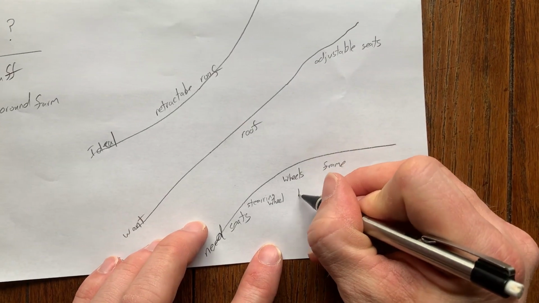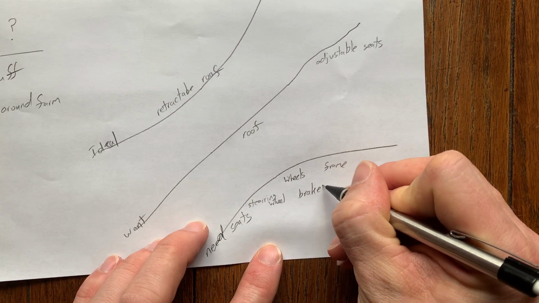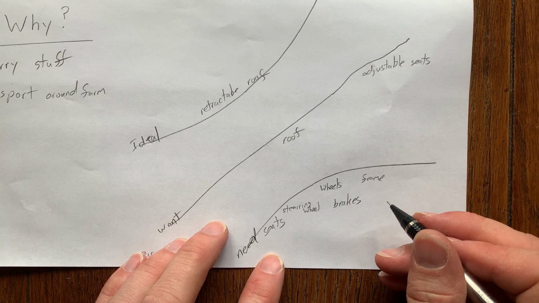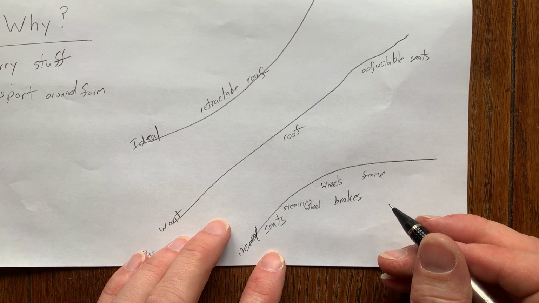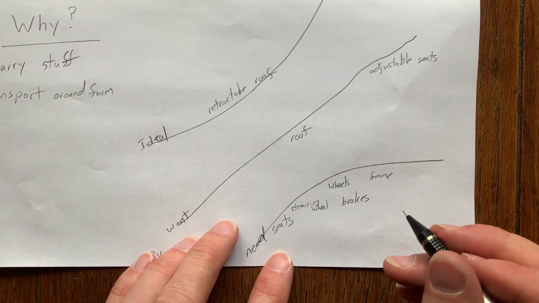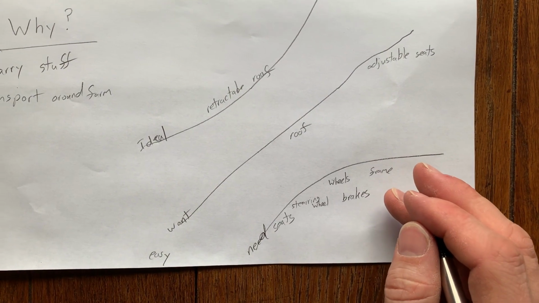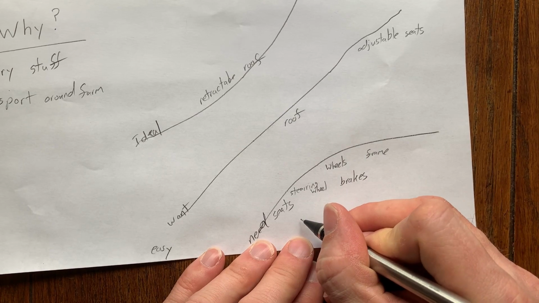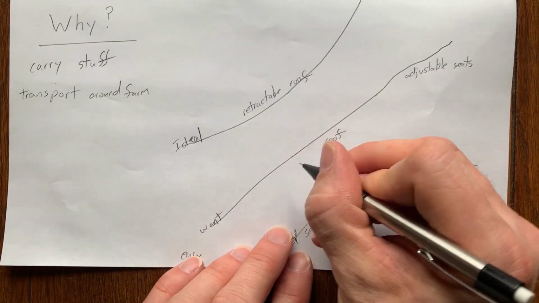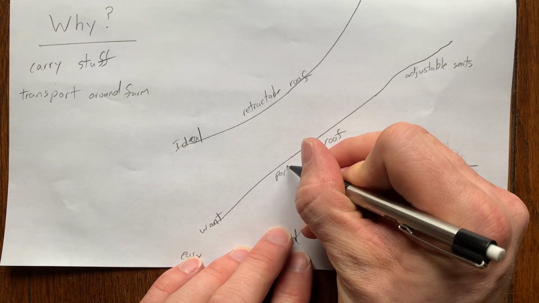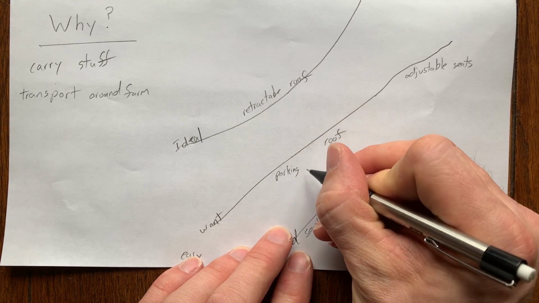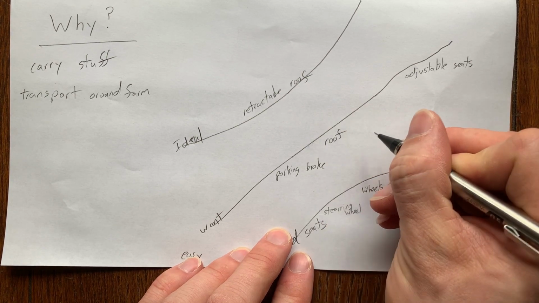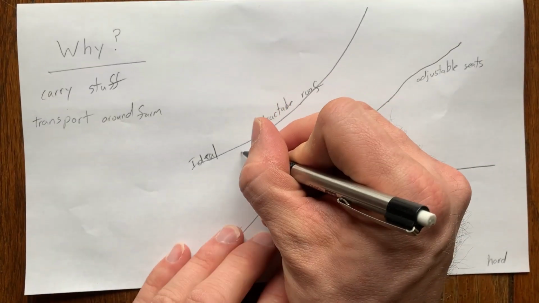Brakes are good. We need a parking thing so it won't roll. All right, so we'll put this on the want: parking brake. And a soft bed, we'll put in the ideal.